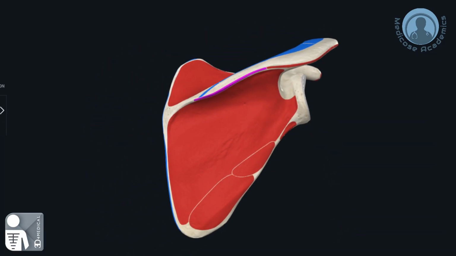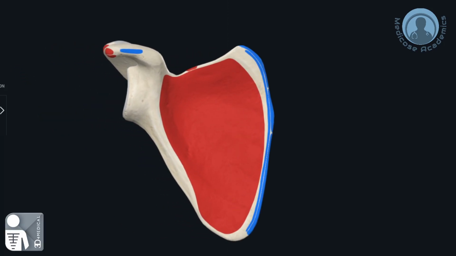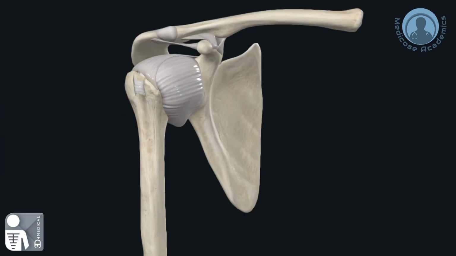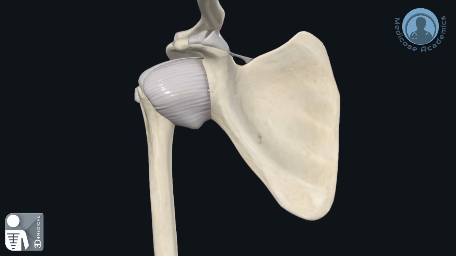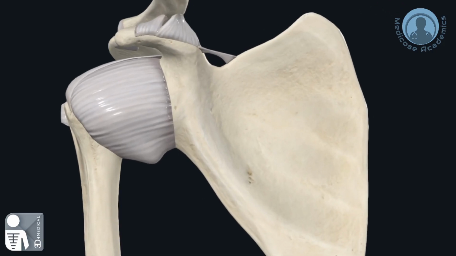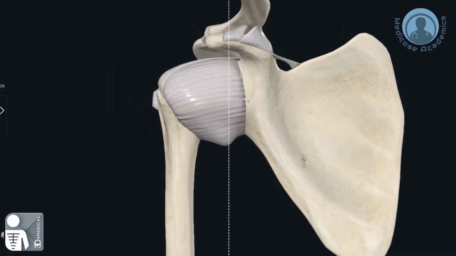So with this, I think you have done all the muscles that are attached to the scapula. Now we will move on to the ligaments that are getting attached to the scapula. Let us talk about the different ligaments. So here, traversing the suprascapular notch is the ligament by the same name, the transverse or suprascapular ligament that is covering it.